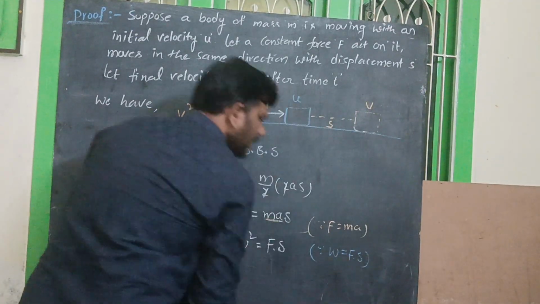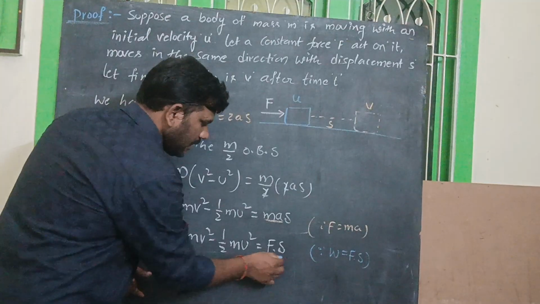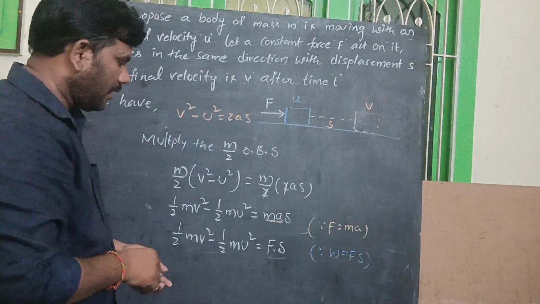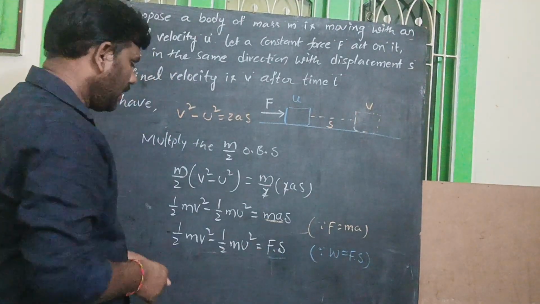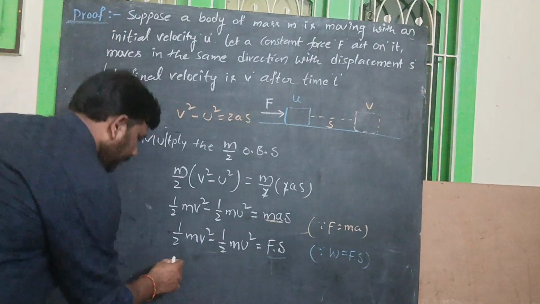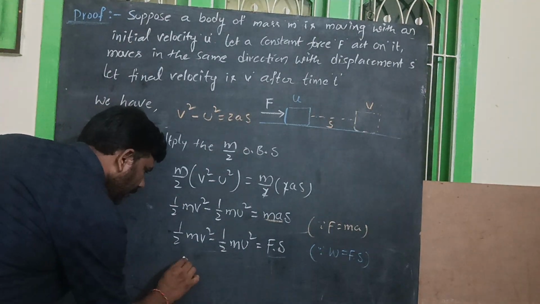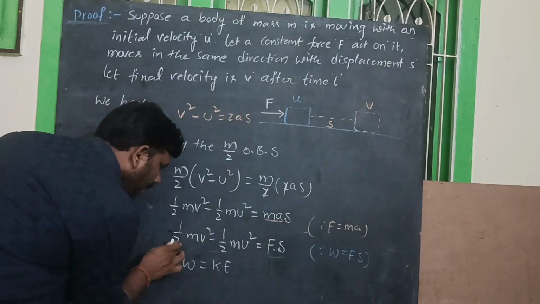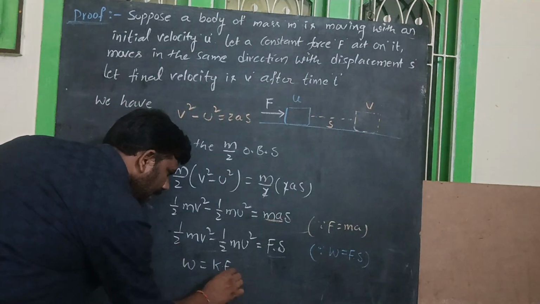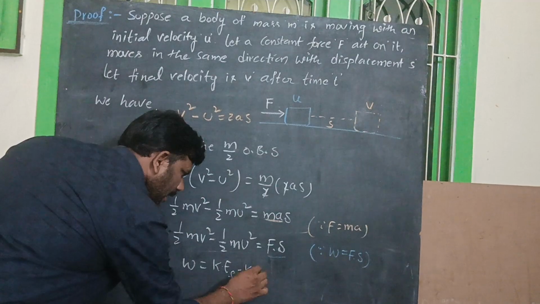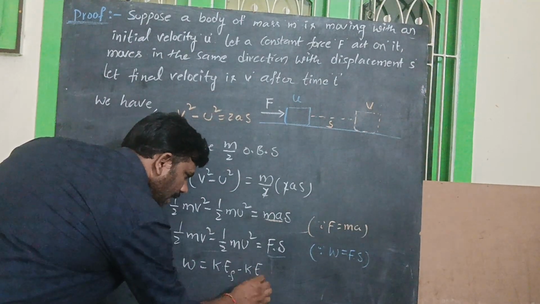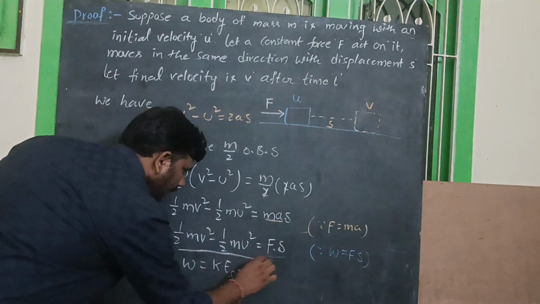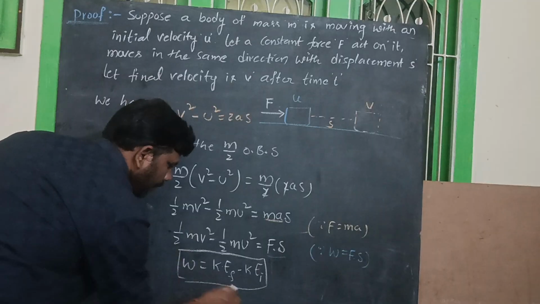Then we can replace F into s with work. Therefore, work done is equal to the change in kinetic energy, half m v square being the final kinetic energy minus half m u square the initial kinetic energy. So hence the work energy theorem is proved.